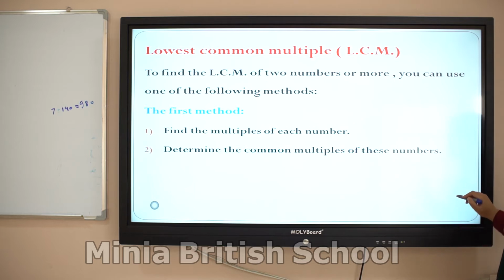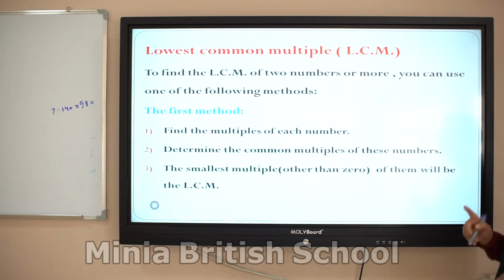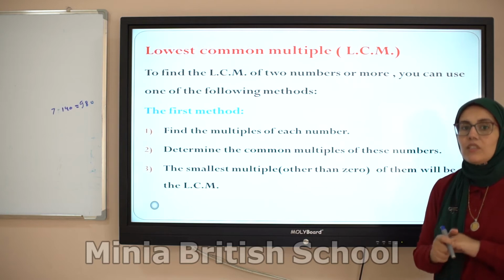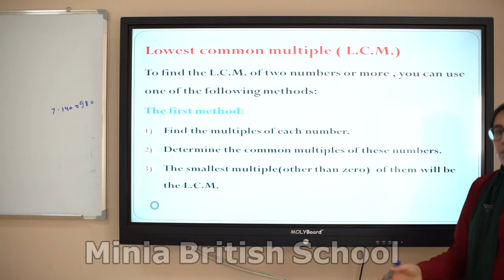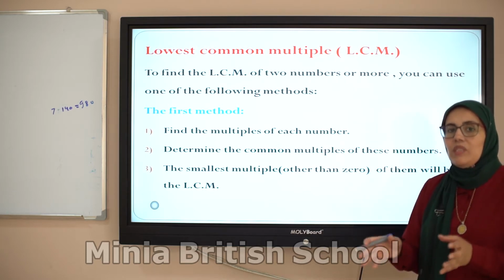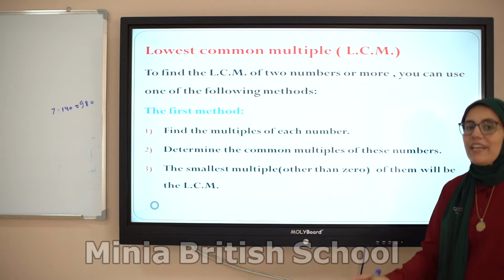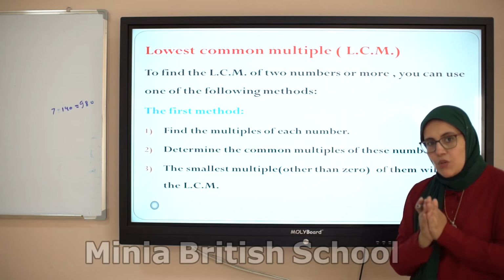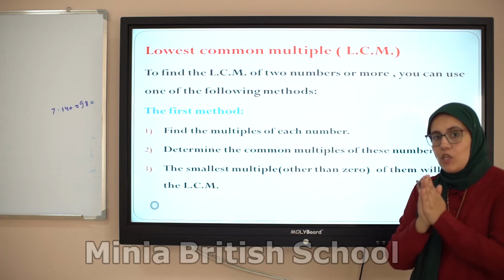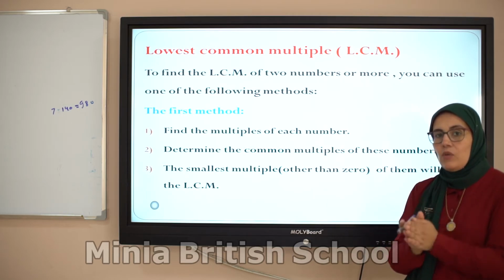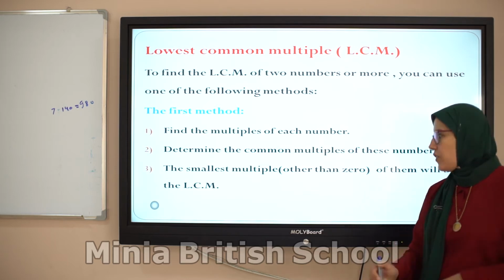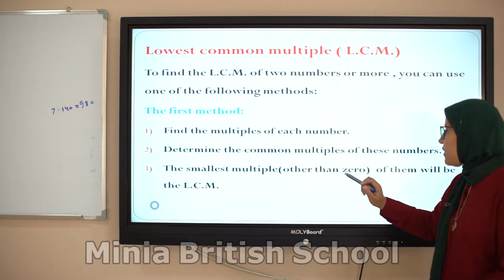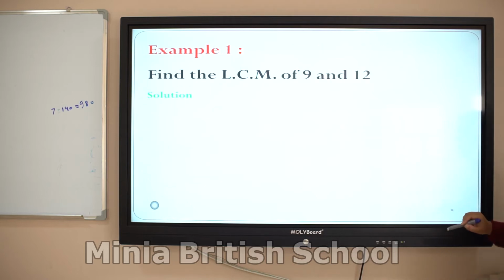Then, determine the lowest common multiple except 0. Except what? 0. I can't say 0 every time, because 0 will always be a common multiple. So I can't take this 0 as the lowest common multiple. So I will determine the lowest one, except 0.